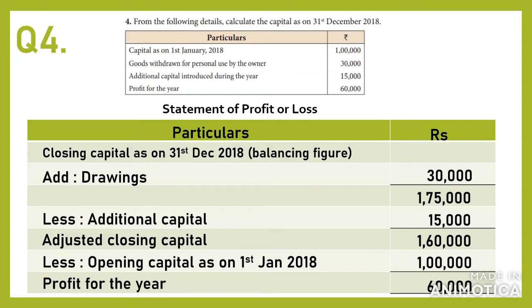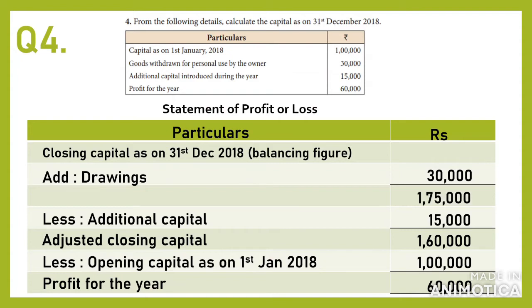Again, you need to just follow the same pattern here. To fill up that blank just above 15,000, what you need to do is 15 plus 1.6 lakhs, which gives you 1,75,000, which you will fill up here.